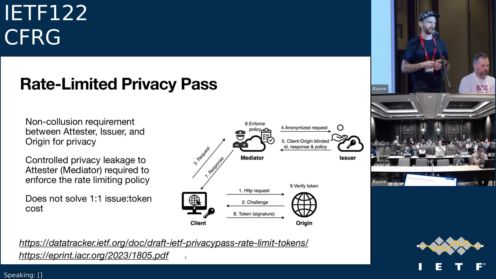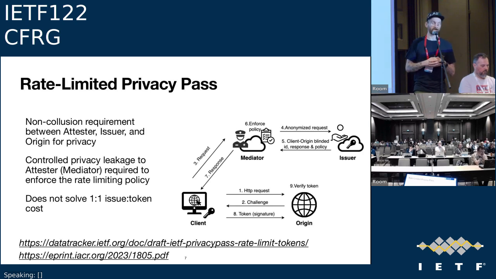But it has a number of prohibitive problems that might make you not want to use it in practice. Beyond the complexity, you need non-collusion between all of the parties in the system for the privacy goals to come to fruition. And even with that, there is some controlled amount of leakage that takes place in the protocol, which is not ideal.